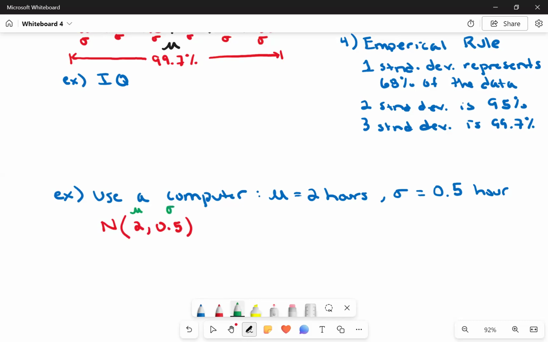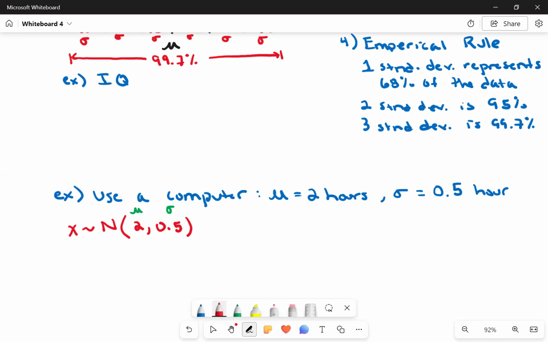They also use X and this little tilde symbol to indicate that the data, because X is referring to our data, is normally distributed with a mean of 2 and a standard deviation of 0.5. So it's a shortcut way of writing this information out.